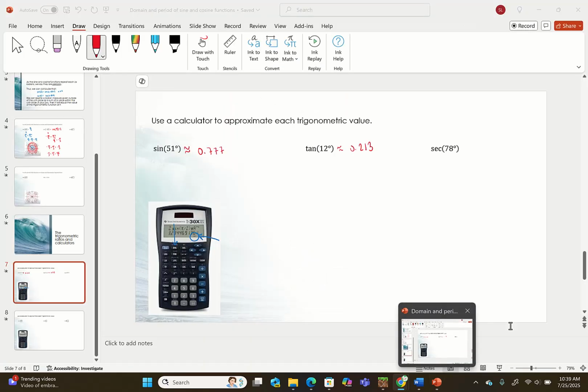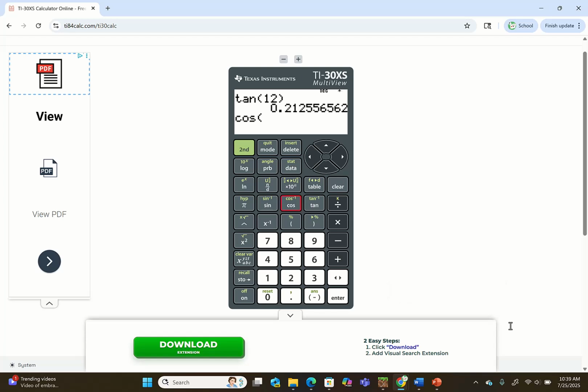I already forgot what the number was. Sorry, I had to peek back, 78. I'm going to do cosine of 78 degrees. Now I need the reciprocal of this, because that's how I can figure out secant. Sometimes there is a button on the calculator that will do it. Notice how I just typed that button and it automatically says ANS. That means the previous answer.